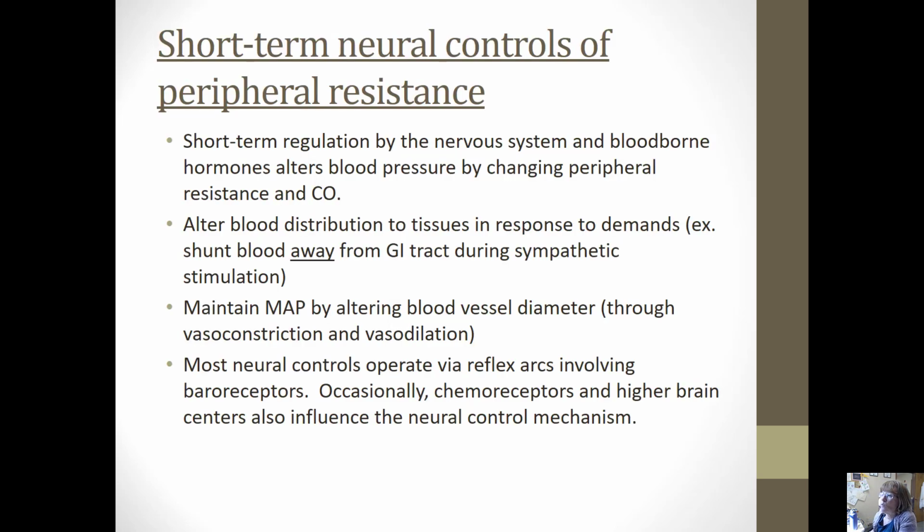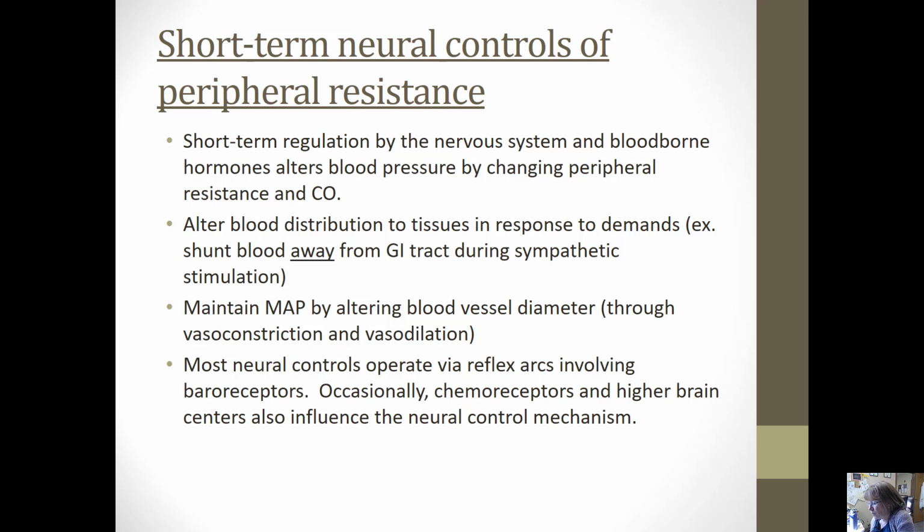Okay, so what are the short-term neural controls of peripheral resistance? The first thing that we can do is change the distribution of blood based on the demands of the tissues. So for example, shunt the blood away from the GI tract during sympathetic stimulation and shunt it towards areas that require that.